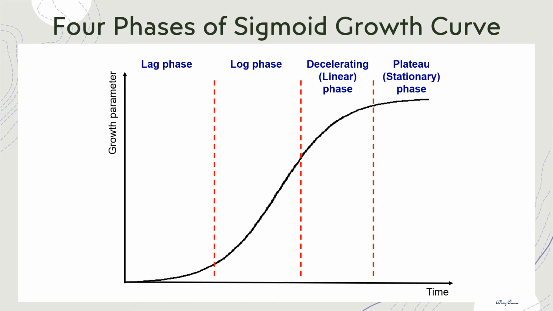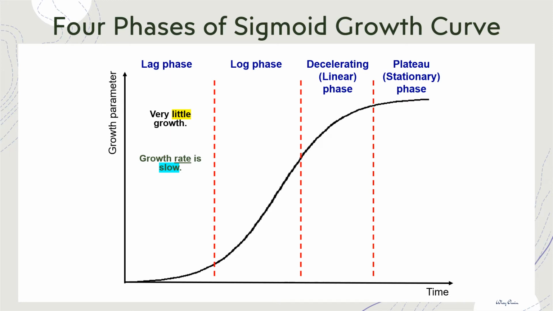There are 4 phases of sigmoid growth curve, which begins with lag phase, log phase, decelerating or linear phase, plateau or stationary phase. Fasa pertama nama dia lag phase. Lag maksudnya perlahan. So there is very little growth, or when we study the growth rate, it is slow.